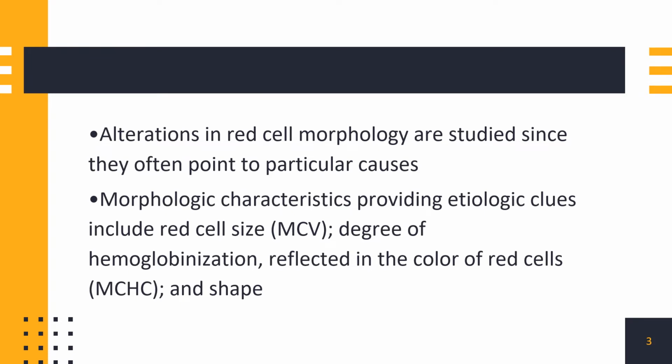Alterations in red cell morphology are studied since they often point to particular causes. Morphologic characteristics providing etiologic clues would include the red cell size, as shown by the MCV, the degree of hemoglobinization, as reflected in the color of red cells, shown in the MCHC, and the shape of the RBC.